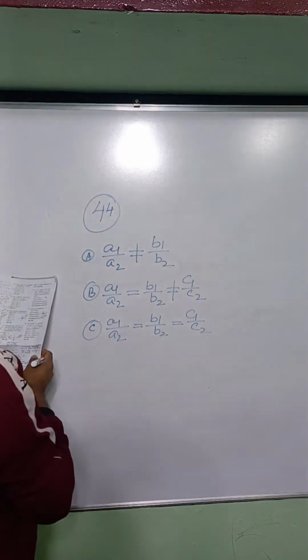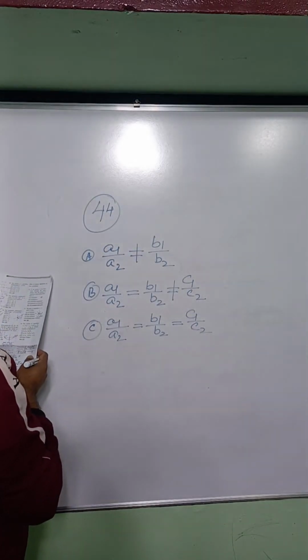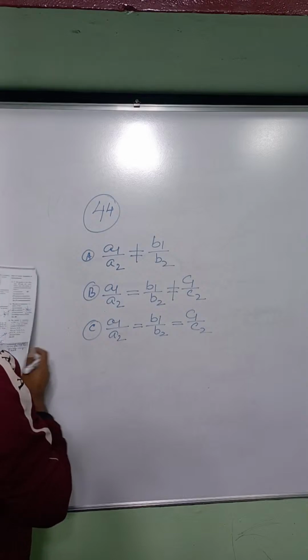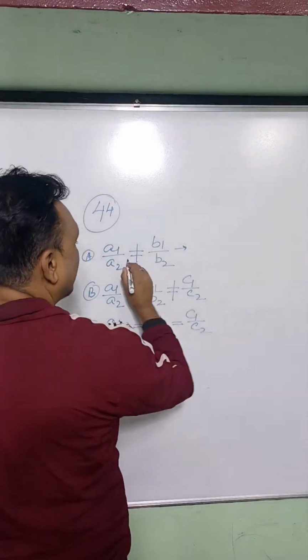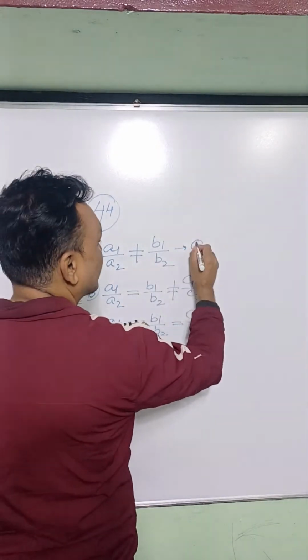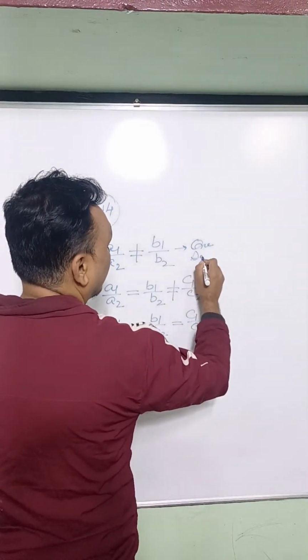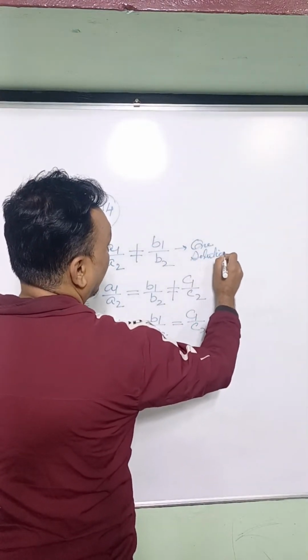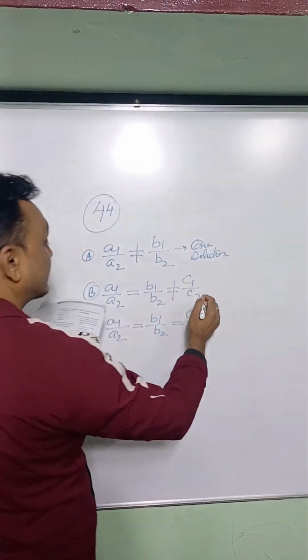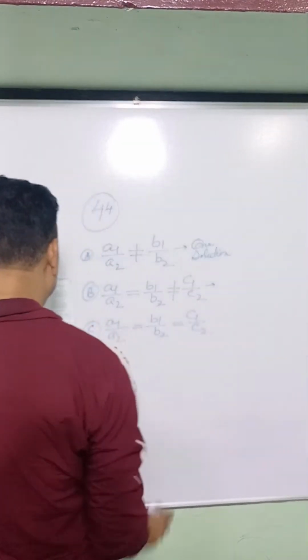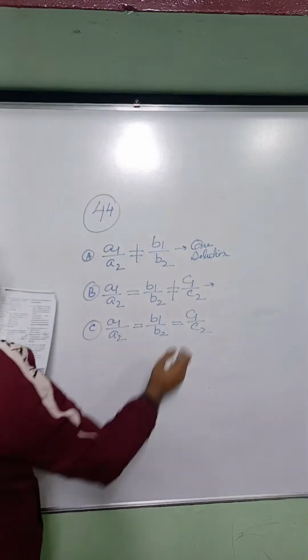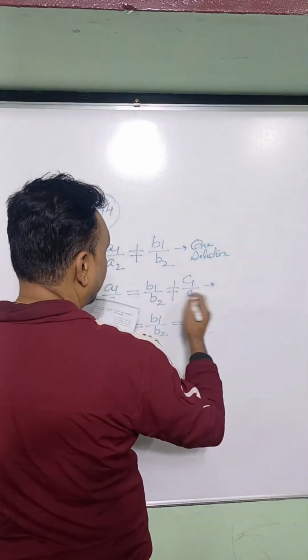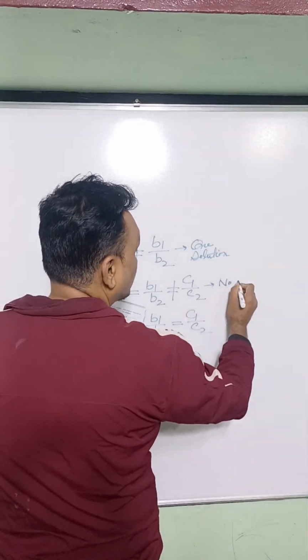So the question: the system of equations has infinitely many solutions. How many solutions for intersecting lines? 1 solution. When the lines intersect at a point, that means 1 solution. This is parallel. If there is a parallel, then that means no solution.